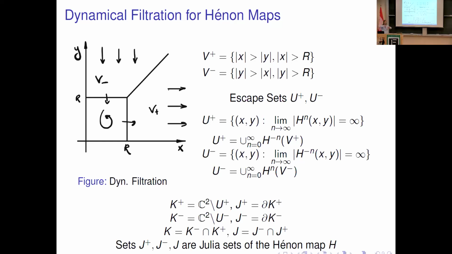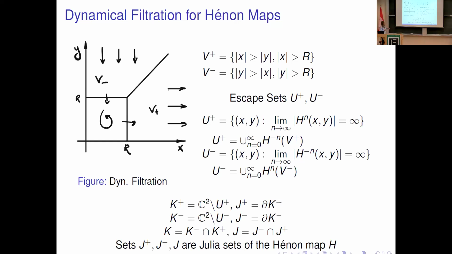So you can look at forward iterates and backward iterates. Then there is an interesting box, and lots of interesting things happen there. Under forward iterates, points from V minus enter, and some of them stay there, and some escape to V plus.